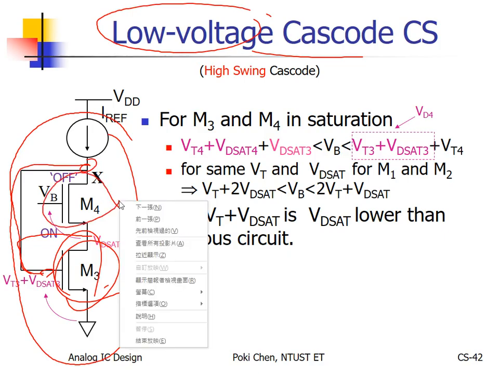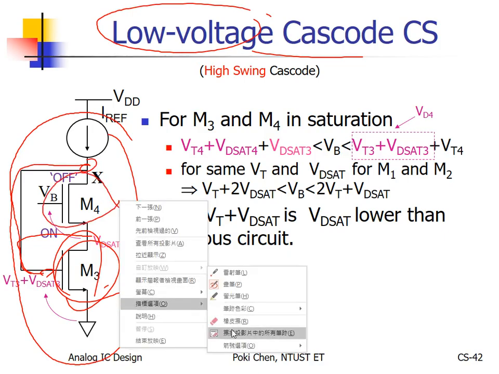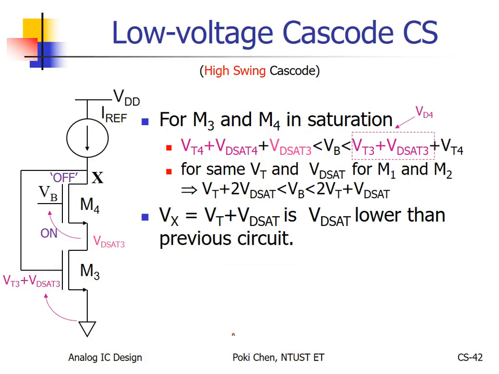Wow. So what is the major difference? In the past, if I would like to generate my own bias, I connect my gate to my own drain. But right now, it is connected to the drain of its cascoding transistor. That's it.